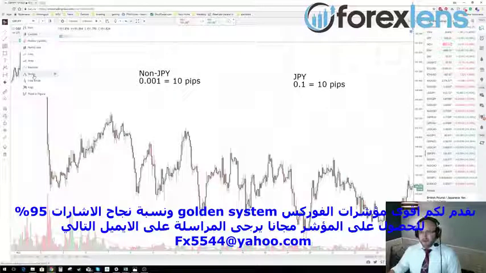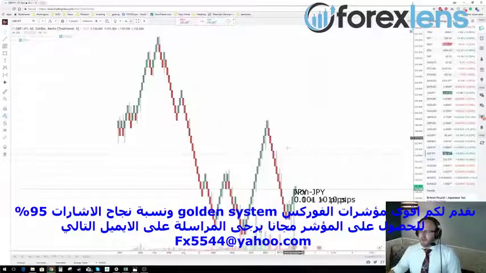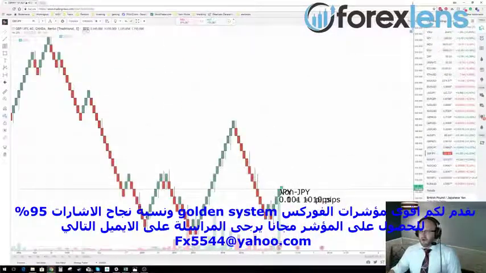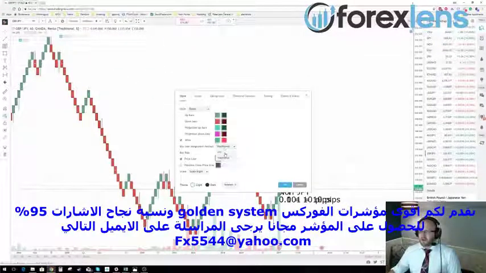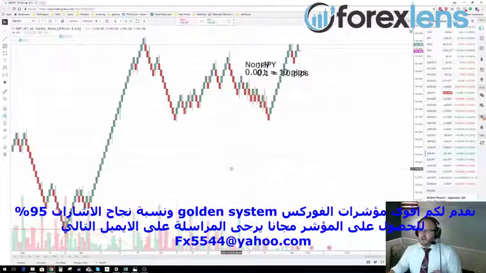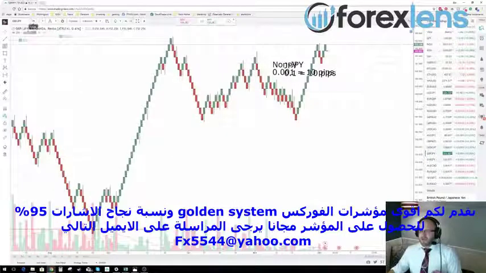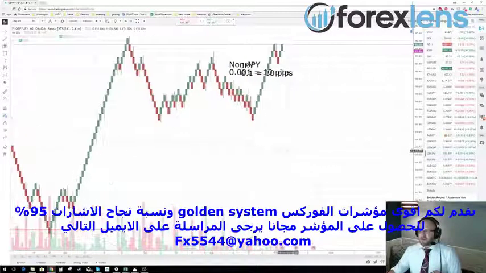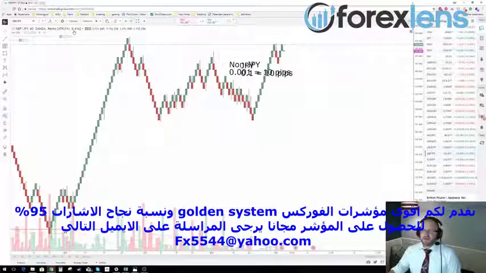If you're using TradingView and you have Renko, the default setting is ATR. ATR is going to tell you that over the past 14 periods of an hour chart, so over the past 14 hours, the average movement in this pair, GBP/JPY, a yen pair, is about 41 or 42 pips.